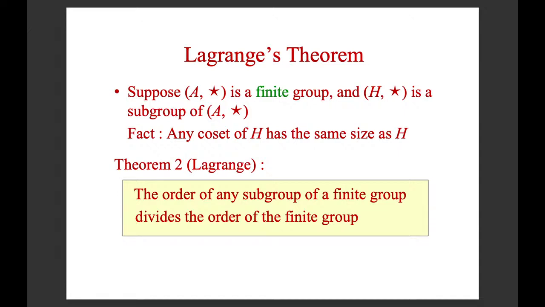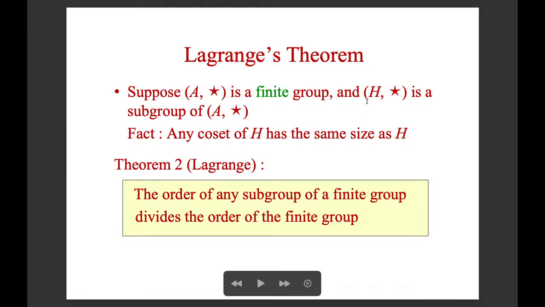The reason is that every item belongs to some coset. You can see that it is true. So in that case, the cosets of H will form a partition. On the other hand, we can also prove that all the cosets of H have the same size.